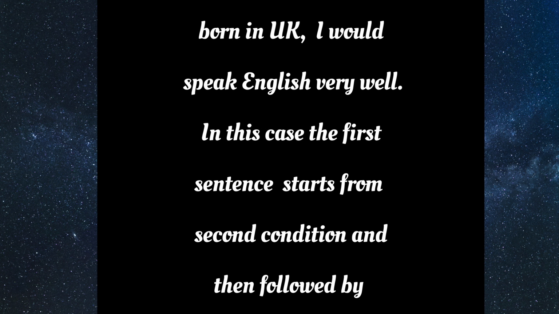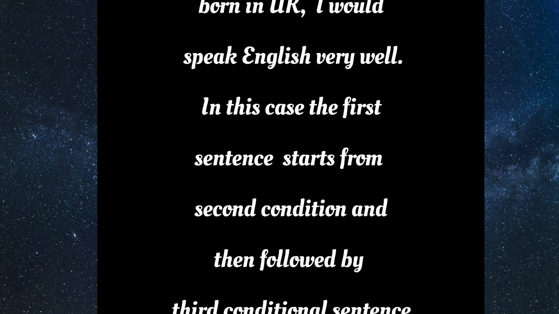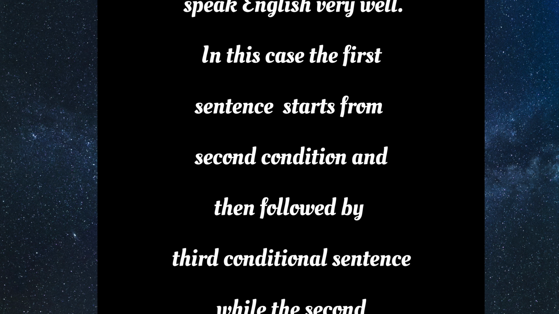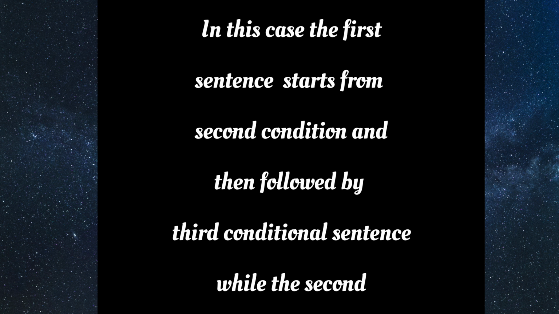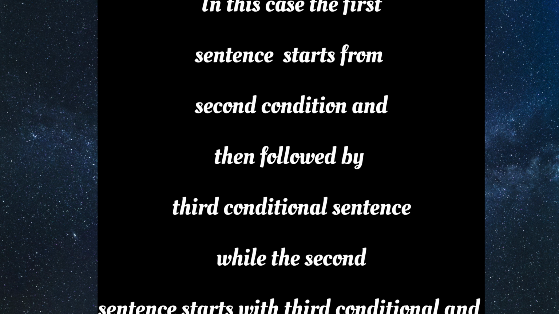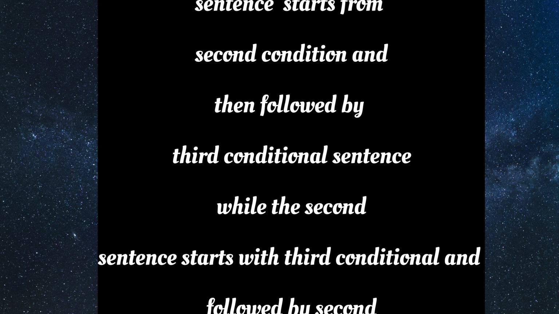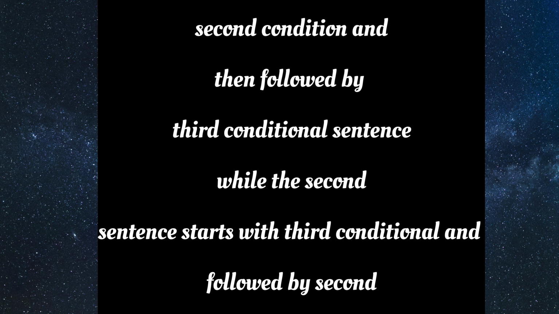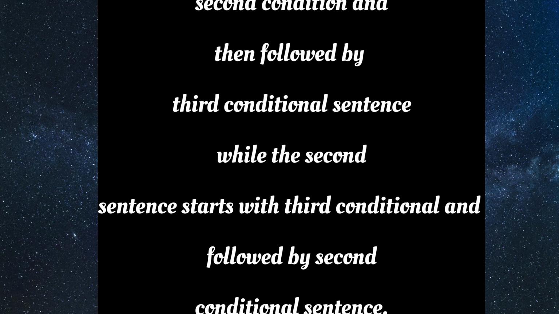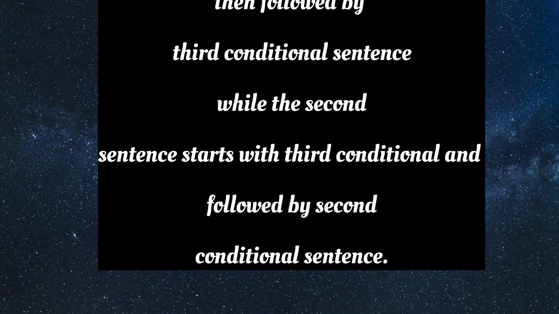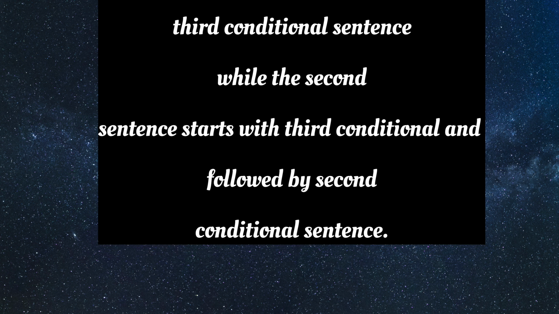As in the example I mentioned, the sentence starts with if, then the past simple, then would have, and then the verb, which completes the sentence. The second type starts with the third conditional sentence and is then followed by the second conditional sentence.